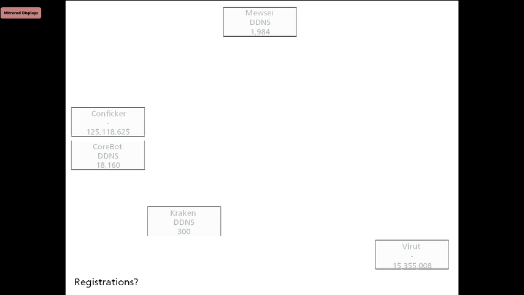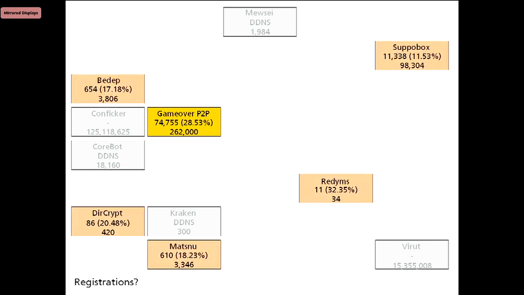The DGA with the most registrations I found is Game Over Peer-to-Peer. Out of the 260,000 domains it has, 74,000 domains are actually registered, which is close to 30%. Some others with relatively high registration numbers are those listed here.